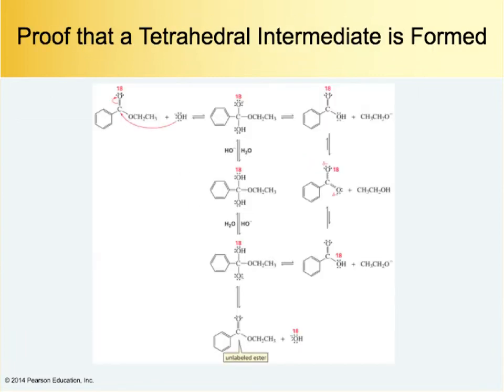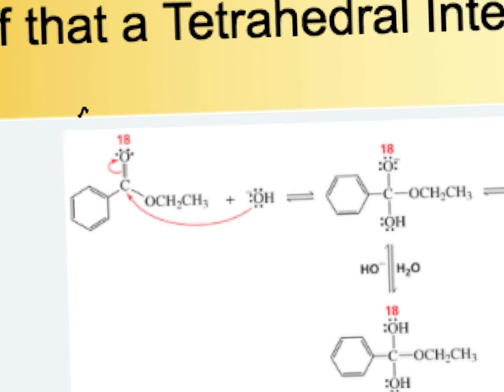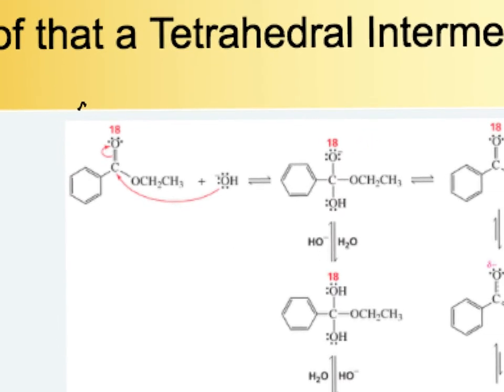The way they've done this is that essentially they've labeled one of the oxygens in an ester. And all this means is essentially isotope labeling, right? So imagine that O18, an oxygen with a couple extra neutrons, is starred.